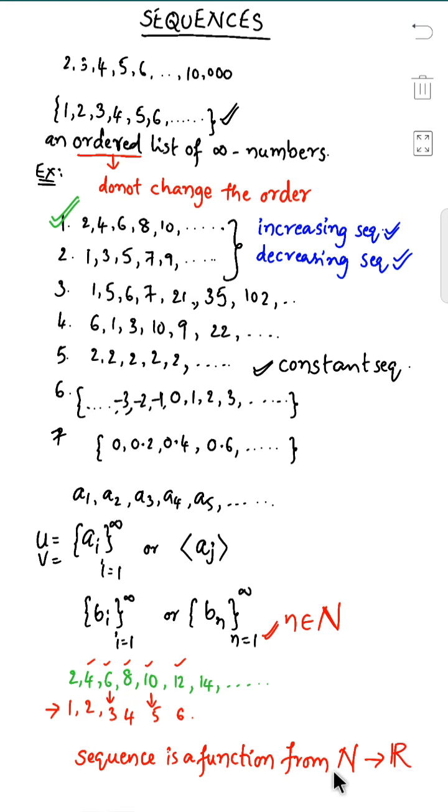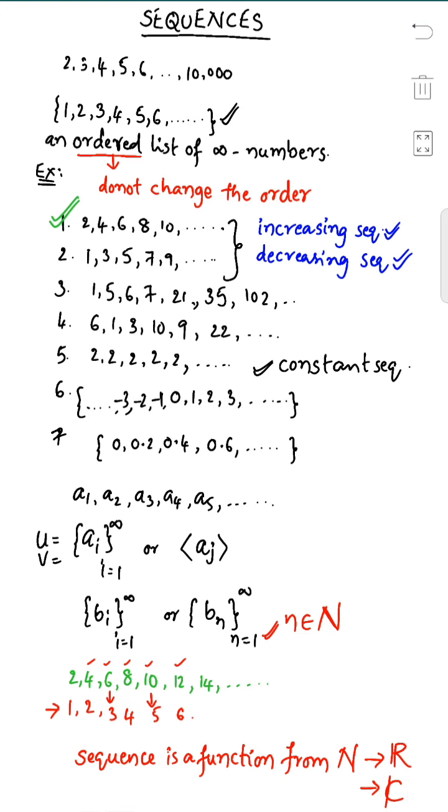Or you can also define the codomain as the complex number set. If the codomain is the natural numbers, then it is called a sequence of natural numbers. If the codomain is complex, then it is a sequence of complex numbers.